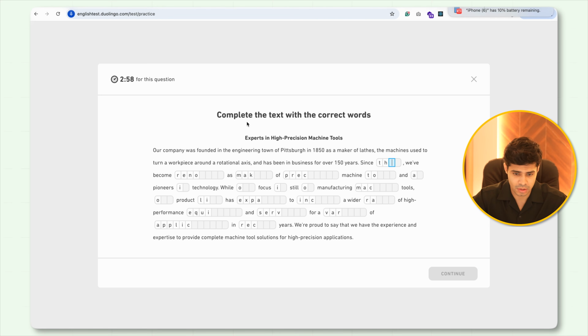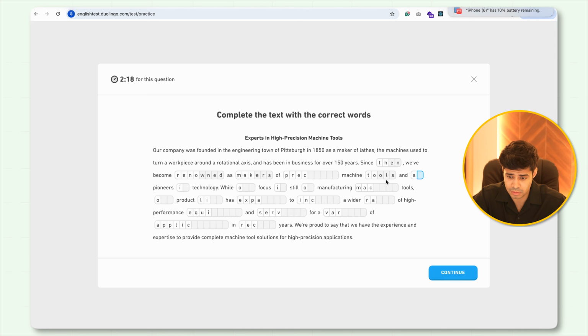Ooh, big one. Okay. Experts in high precision machine tools. Our company was founded in the engineering town of Pittsburgh in 1850 as a maker of lathes, the machines used to turn a workpiece around a rotational axis, and has been in business for over 150 years. Since then, we have become renowned as makers of precious machine. No, not precious. It's not filling up. Makers of precise, precious machine tools. Let me just get back to that.